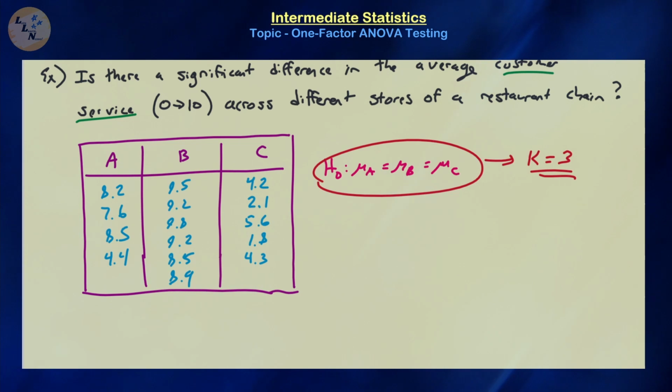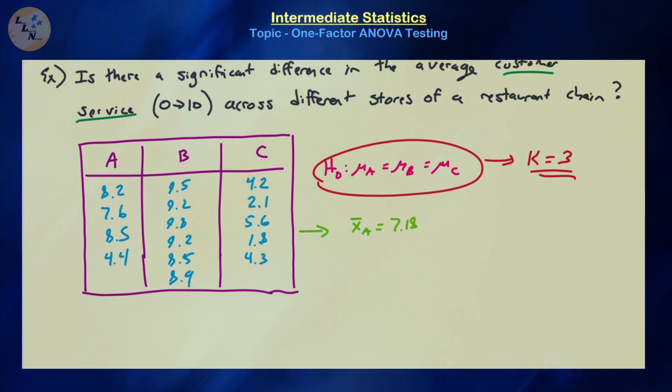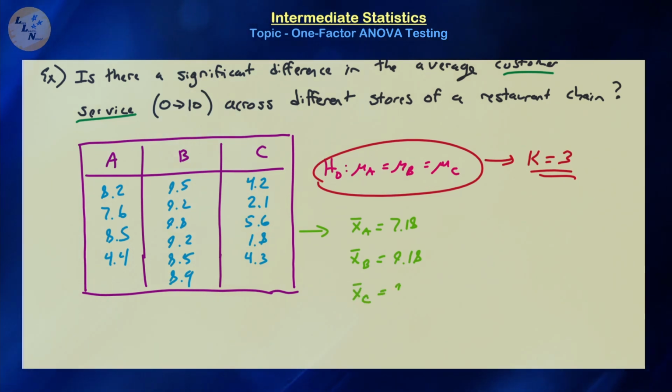To start, let us get some point estimates for these parameters mu A, mu B, and mu C. One can find that x bar A, the average of sample A, is approximately equal to 7.18, the arithmetic mean of the customer service for B is approximately 9.18, and the arithmetic mean for C is equal to 3.60.